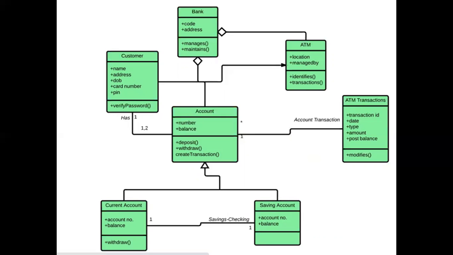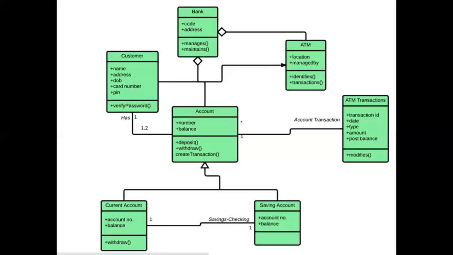Every bank has an address, an IFSC code, managers and maintenance. Bank maintenance means the elements or objects in the bank. Suppose every bank maintains some accounts.